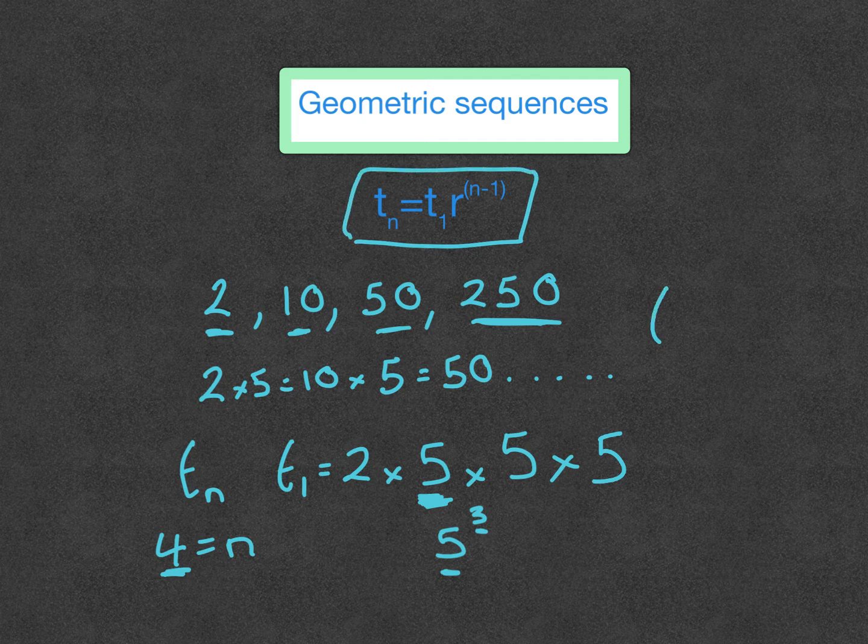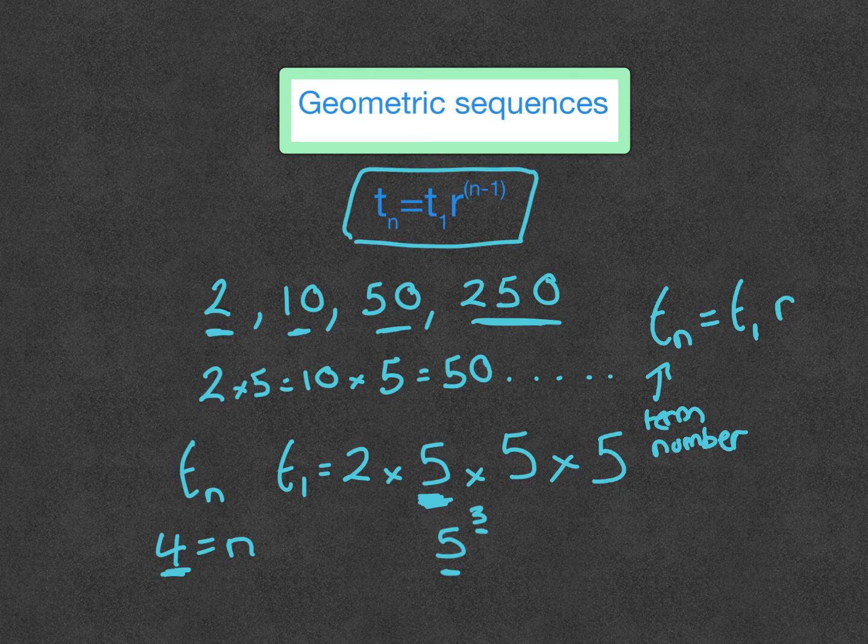Okay, so to summarise with this equation up the top here, this summarises what we've just looked at. The term number, Tn, that's our term number. So that's if we're wanting to find any term in this sequence. n is the number of the term. Any term is going to be equal to the initial term, T1, multiplied by r.